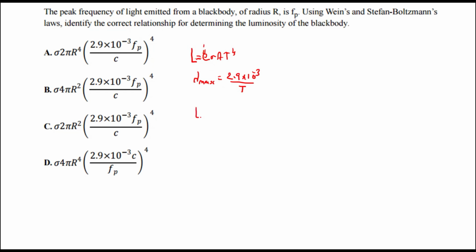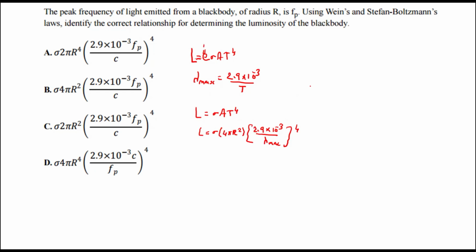So I can write that luminosity is sigma A T to the power 4. Now, for a sphere, the surface area is nothing but 4 pi r square. And applying Wien's law, replacing T with lambda max, I can substitute T raised to 4 as 2.9 into 10 to the power minus 3 over lambda max, the whole raised to 4.